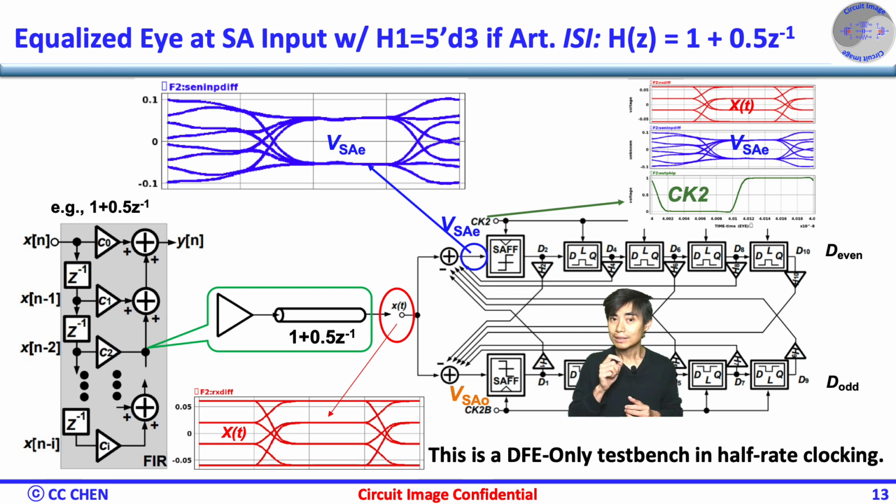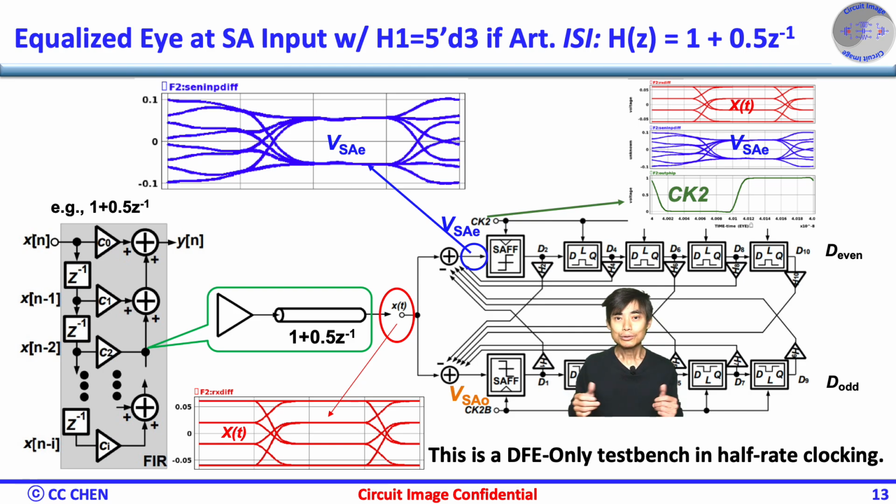The minimal inner eye height is 40 mV peak-to-peak differential, which shows that the artificial ISI has a 6 dB swing reduction from an ISI-free 80 mV peak-to-peak differential. Then, the eye equalized by the DFE may get the minimal inner eye height back to 80 mV peak-to-peak differential. Those results are expected from your mental model.